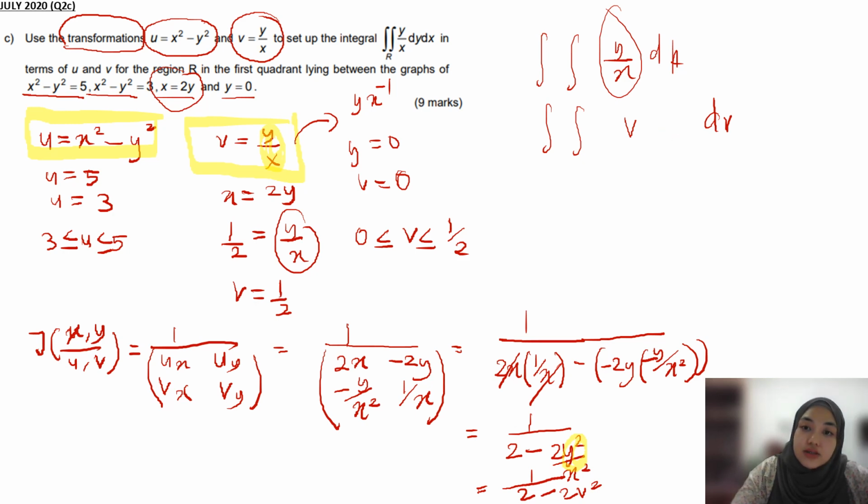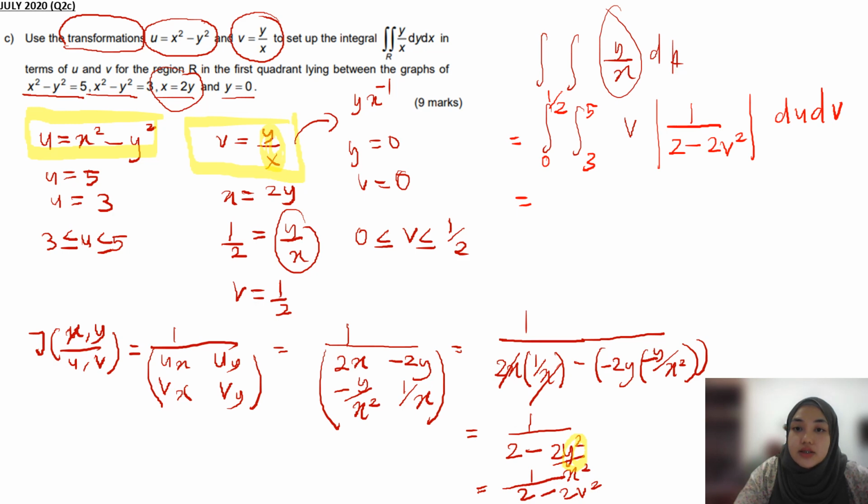Since it's a Jacobian question, it has a Jacobian here: absolute 1 over 2 minus 2v squared du dv. So u goes from 3 until 5, and v goes from 0 until 1 over 2. So what you can do is v over 2 minus 2v squared du dv.